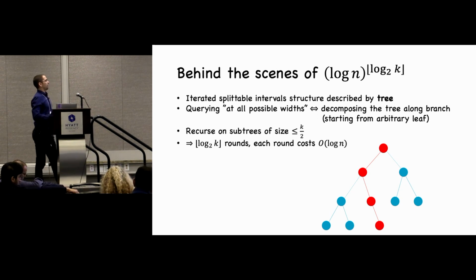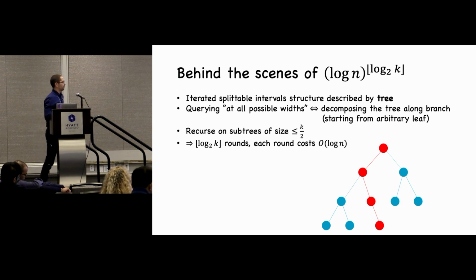And then all that is left to do is find elements that will fill the rest of the subtrees, which are of size at most half of the original tree.